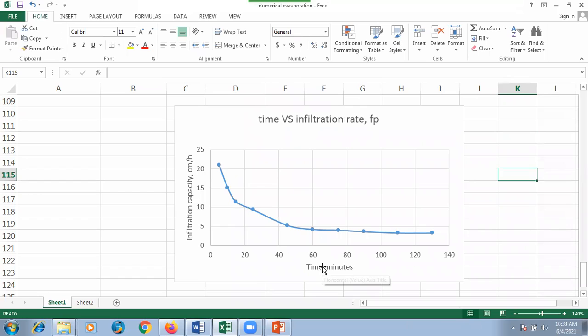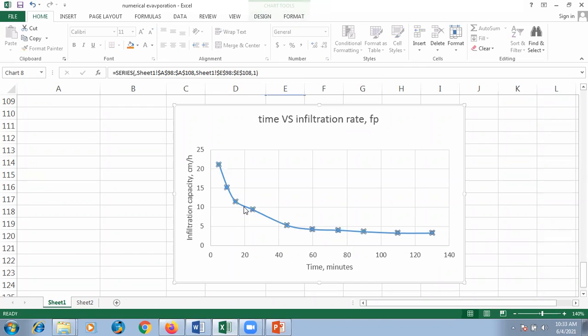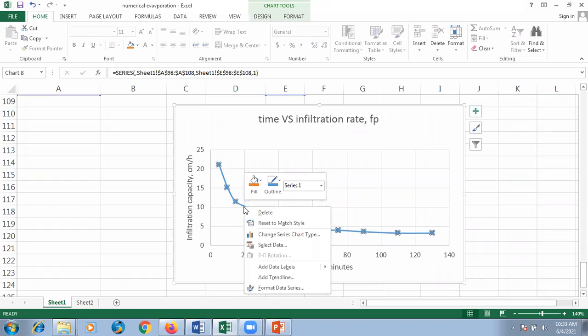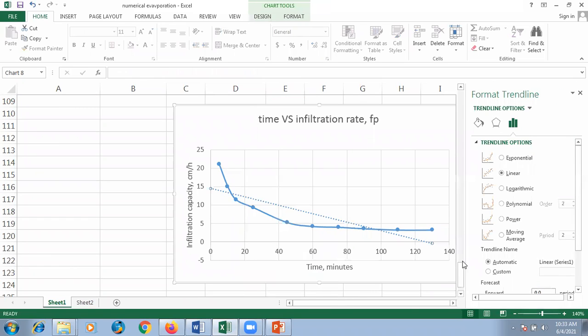Now, sometimes it may be necessary for us to get an equation for this in order to determine at any point of time or to extrapolate or interpolate values. A best curve fit is an easy option in such situation. Suppose, may not be from examination point of view, just professionally speaking as a hydrologist, if you wish to do this, you may wish to add a trend line here. If you add a trend line, straight line will not match.